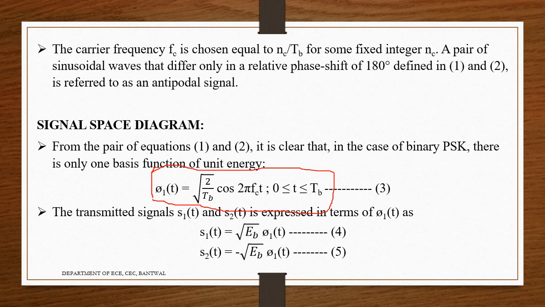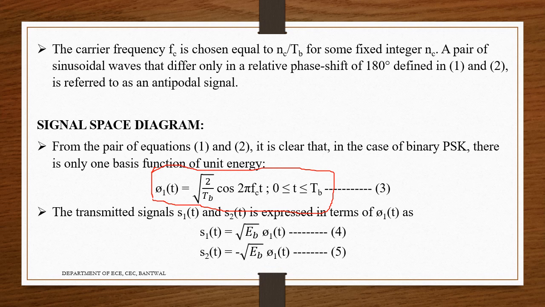This phi 1 of t is always constant, and we call it a basis function. It will be common throughout the process, because it is given at the transmitter part, and the same thing is given again at the receiver part. So we use this as a synchronized local reference. This is symbol 1 multiplied with the basis function, and this is symbol 2, minus square root of EB into phi 1 of t.